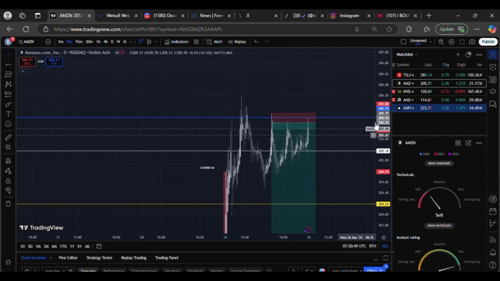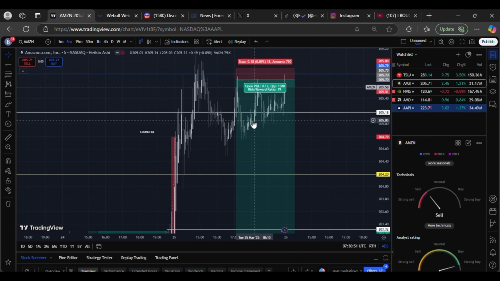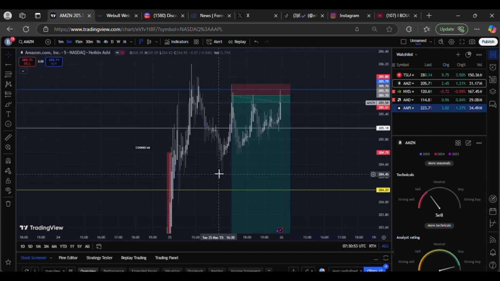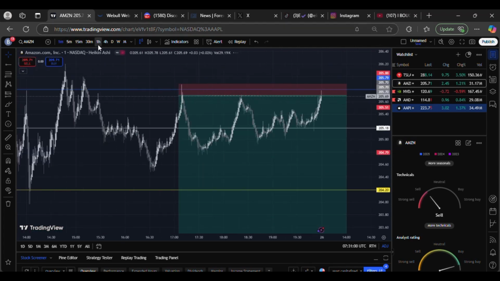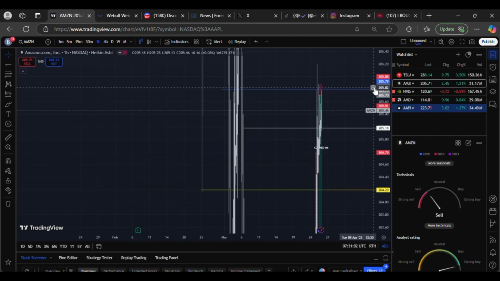I immediately started watching the 5 minute time frame, because you want to see liquidity sweeps on the 5 minute or 15 to get the real hourly and 4 hour moves.